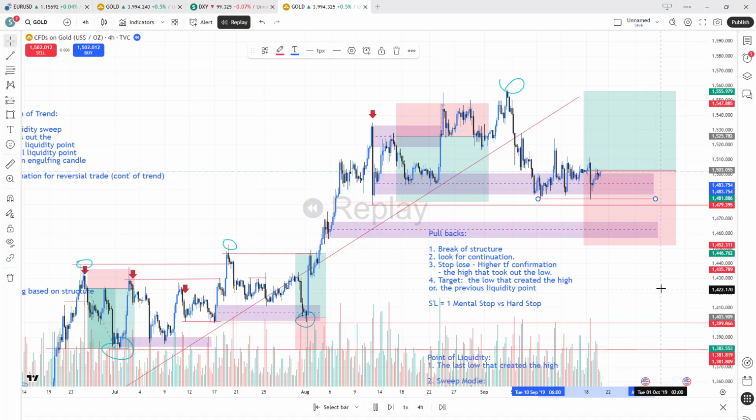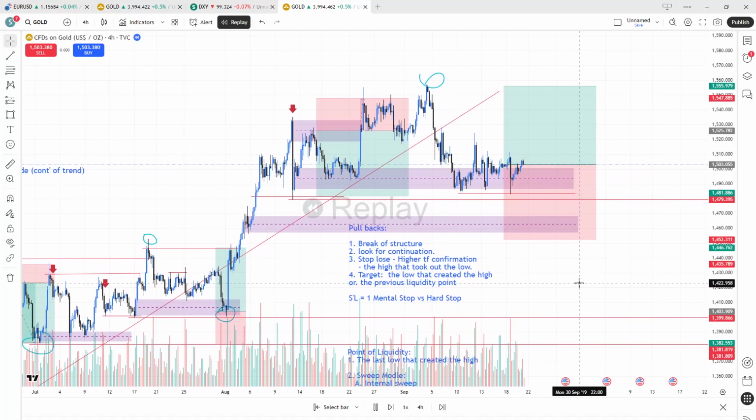But we do see a sweep. Oh, price is still respecting that area. Interesting.